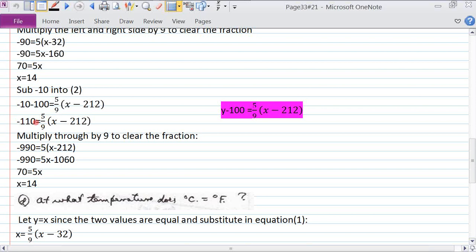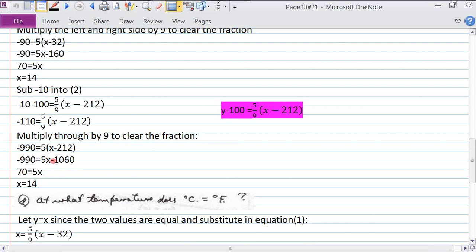So 9 times minus 110 gives me minus 990. 9 times 5/9 gives me 5. And I get bracket x minus 212. I now use the distributive rule. 5 times x gives me 5x. 5 times minus 212 gives me minus 1060. I transpose the minus 1060 from the right to the left, add it to the minus 990, and I get 70.